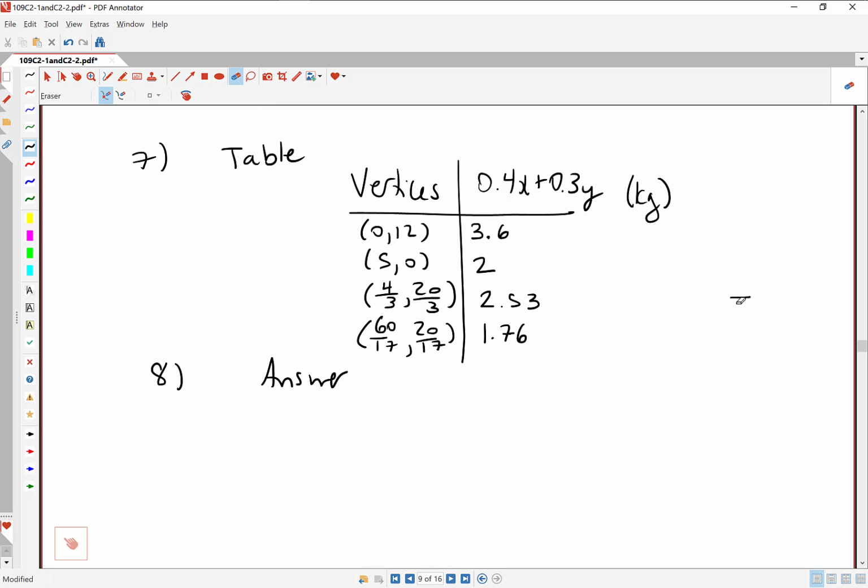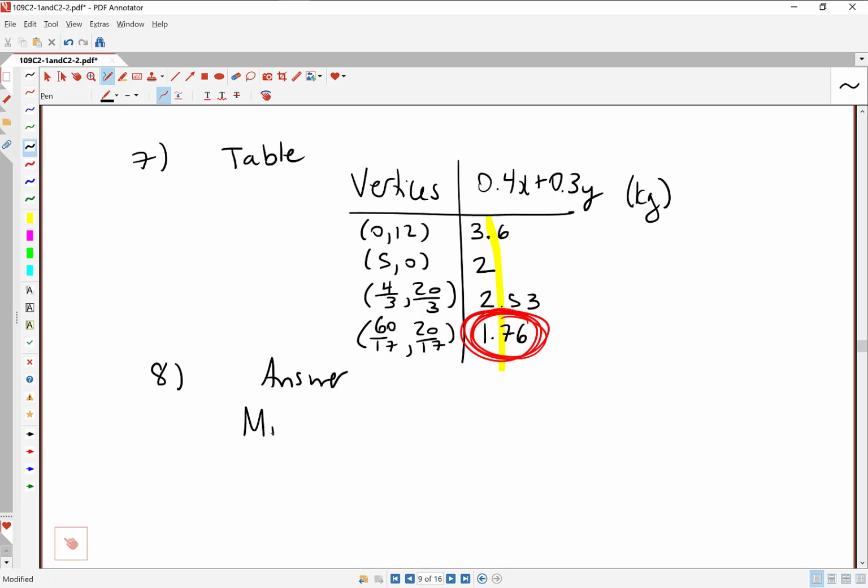So what we're measuring here is the mass of all this food product that an astronaut is going to consume in a day. So let's remember what we're trying to do. We're trying to minimize this mass. So we're just going to look at all these different values and choose the smallest number on the list. So that's this guy. So that is our minimum mass. So we can see why we had to put so much work into finding that vertex. And now we can give our answer.